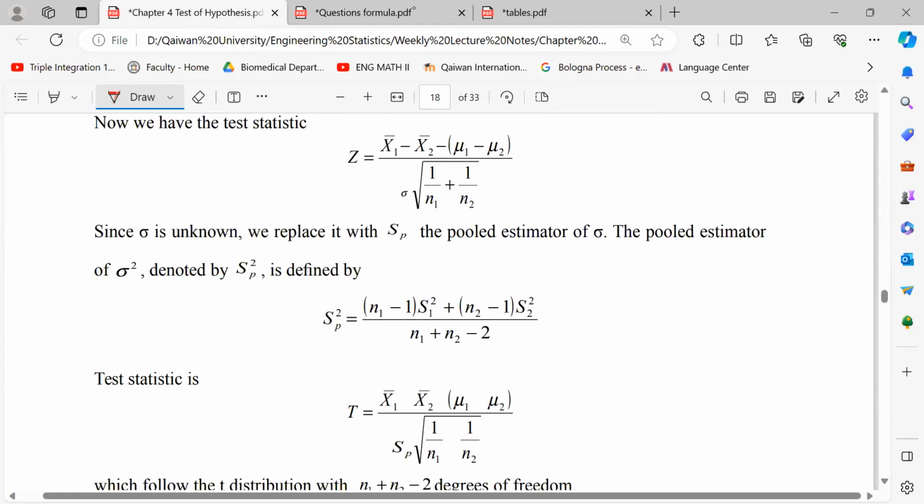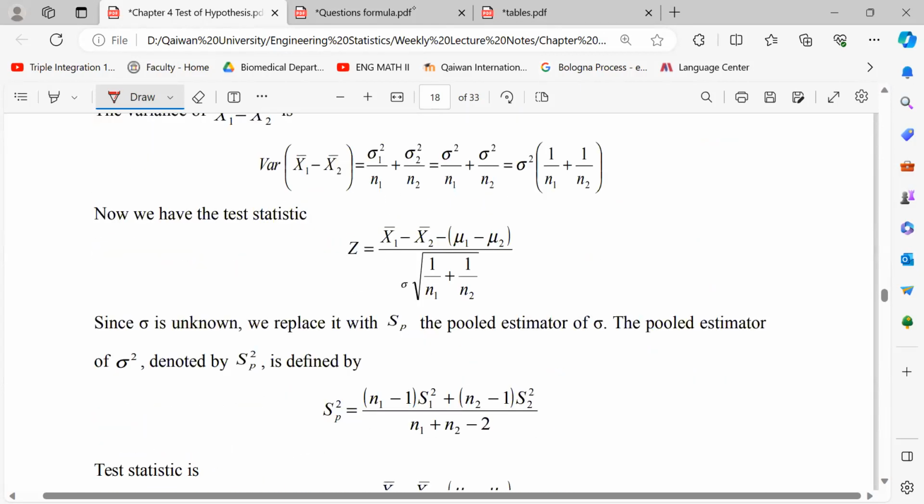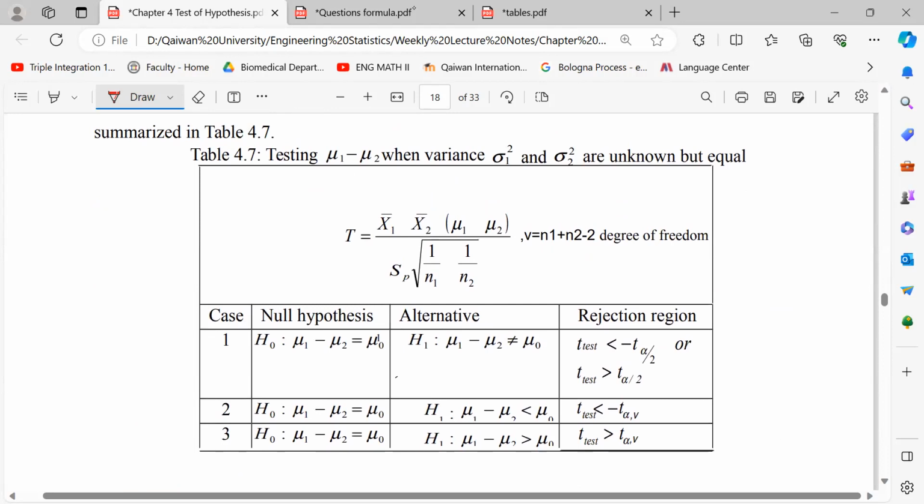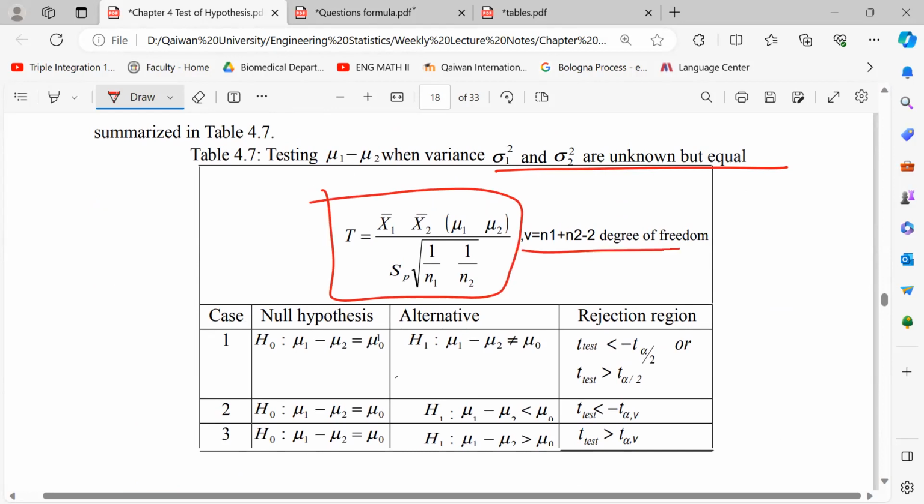For the second case, we use this rule. This is the degree of freedom. The degree of freedom is N1 plus N2 minus 2. You should know that.